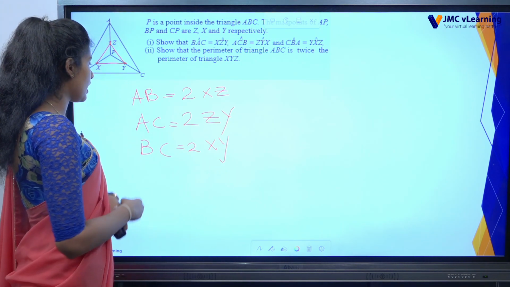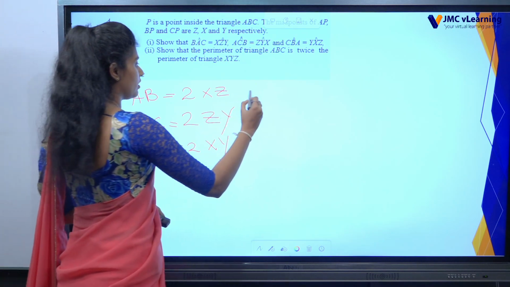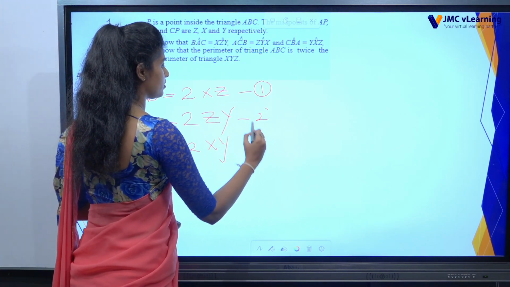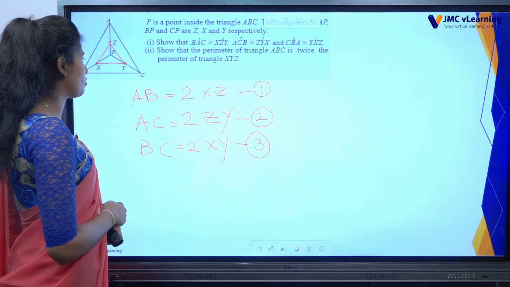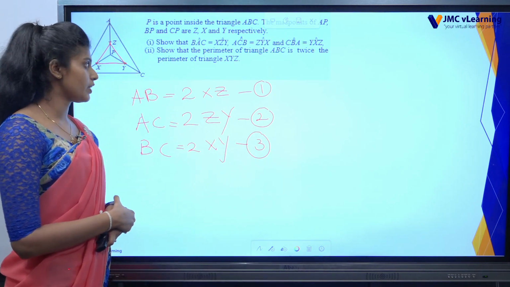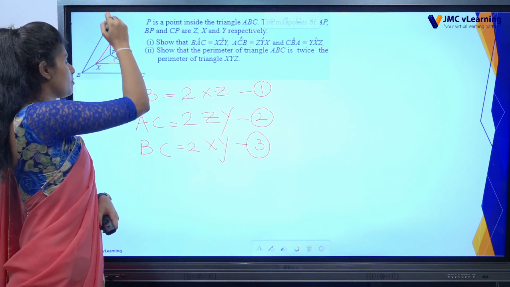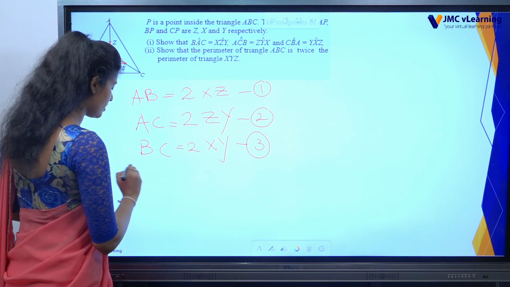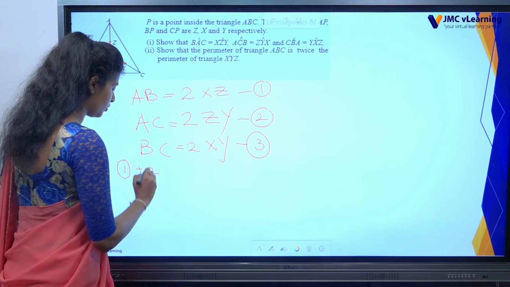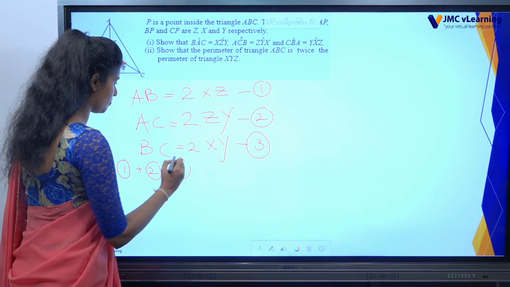Then let's add all these 1, 2 and 3. Let's add these 3 because we have to find the perimeter of ABC. To find the perimeter of ABC, we have to add these 3 sides.